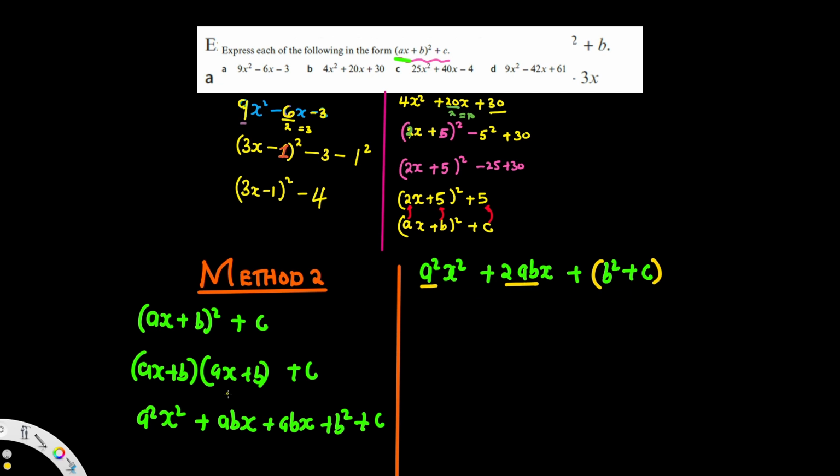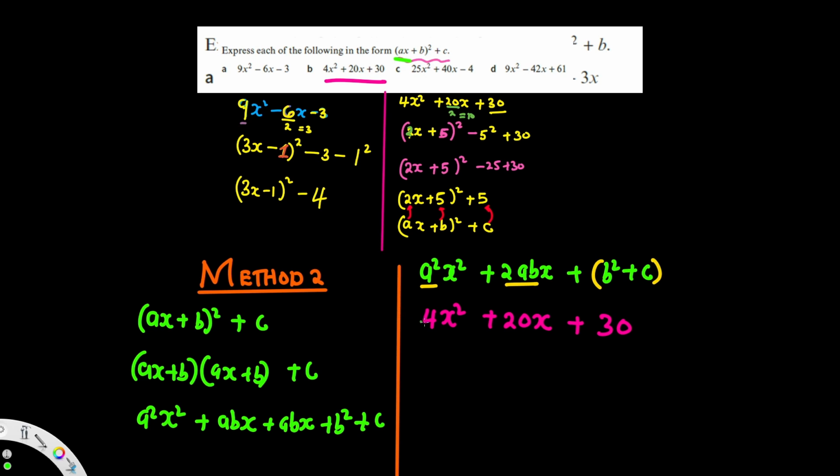So after you have expanded this, you are going to relate with the expression that we are given. For instance, let us use this expression, this is part b, 4x squared plus 20x plus 30.